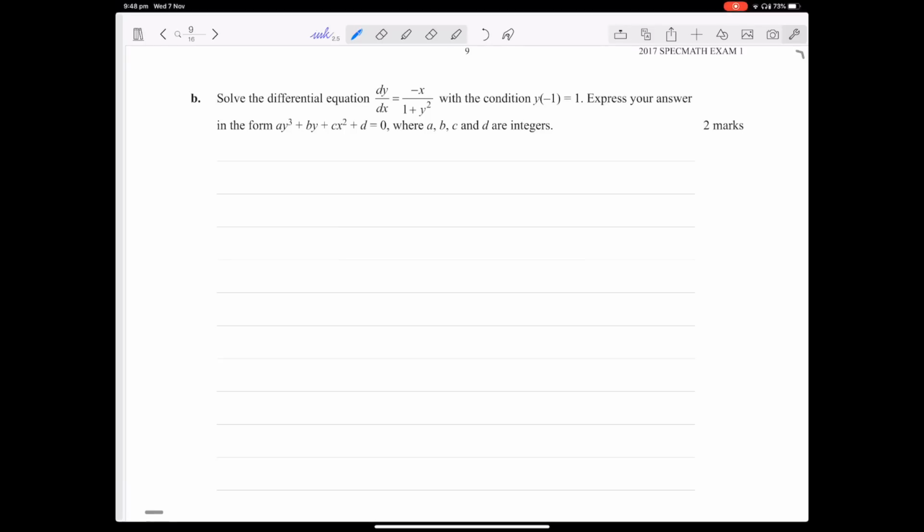Okay, solve the differential equation dy/dx equals negative x on 1 plus y squared with the condition, and express your answer in the form given. Okay, so 1 plus y squared dy is equal to negative x dx.